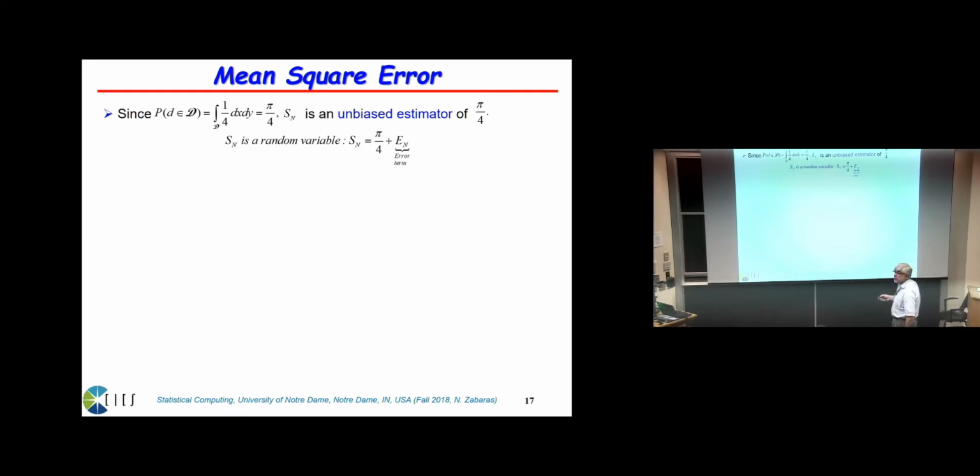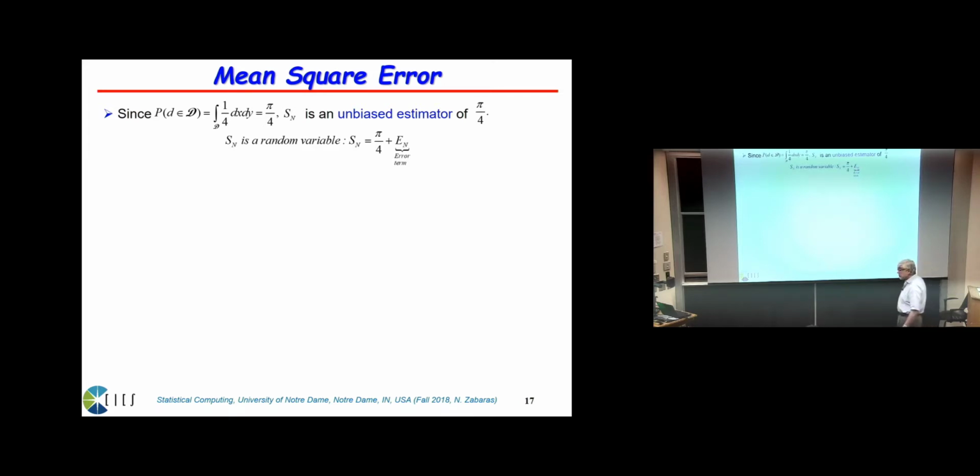The area of the square was 4, and the area of the circle was pi times 1 squared. So the probability of hitting the circle is analytically pi over 4, which means this sample mean is an unbiased estimate of pi over 4. So you can write that Sn is pi over 4 plus some error.